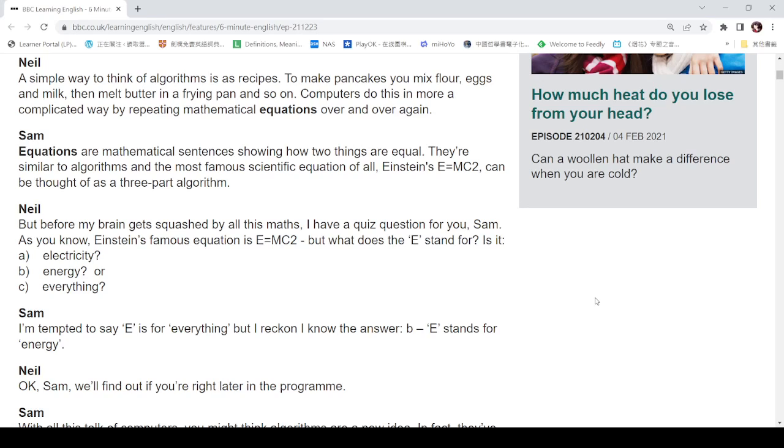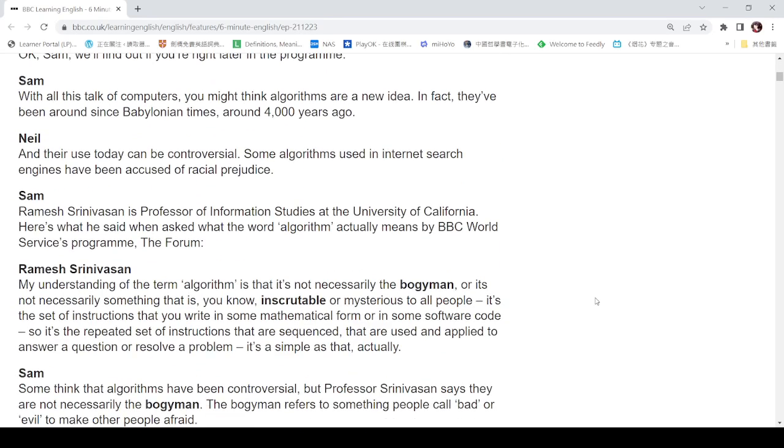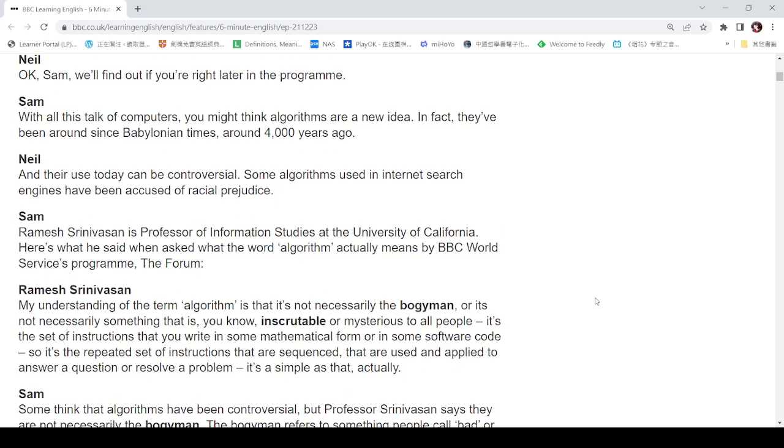Is it A, electro, B, energy, or C, everything? I'm tempted to say E is for everything, but I reckon the answer is B. E stands for energy. Okay, we will find out if you're right later in the program.